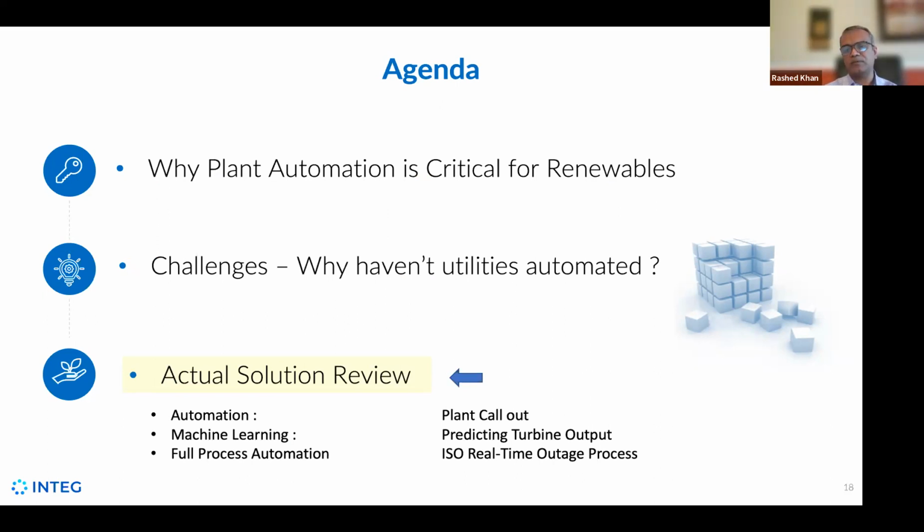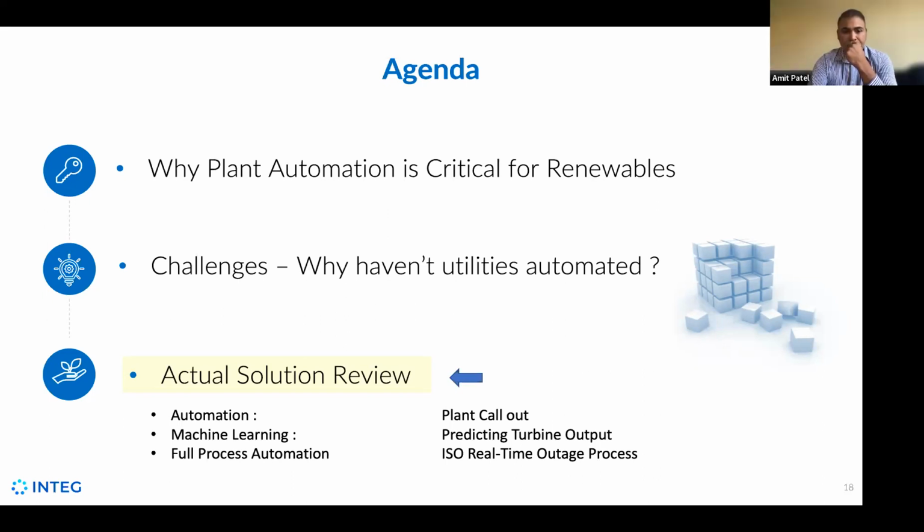It's not going to be possible the way we did it in the old fossil units, because the number of events is different. These are the challenges I'm facing. And we are in the process of addressing those challenges through automations, through machine learning, and other techniques, which I think, Amit, you're going to cover later in some of the use cases.